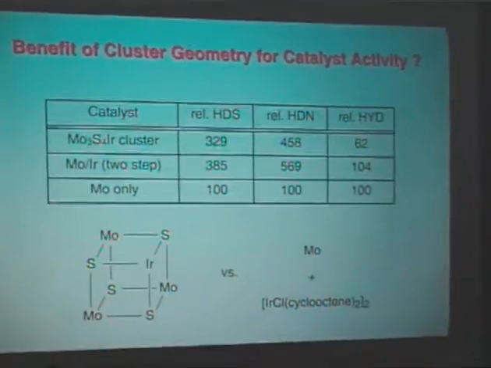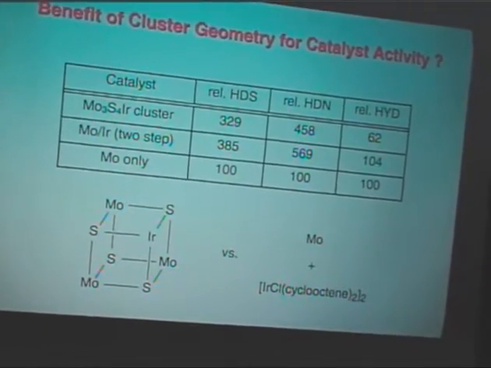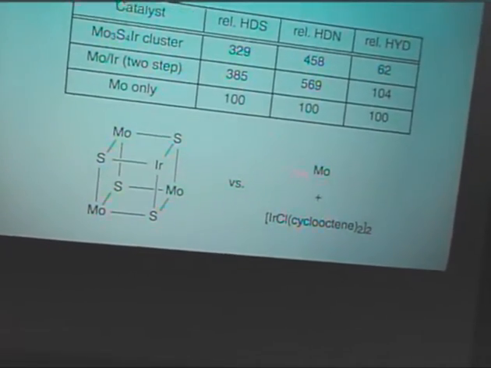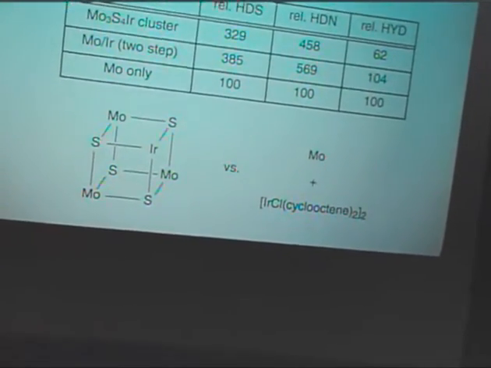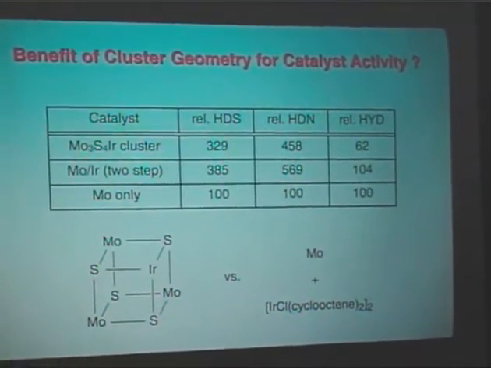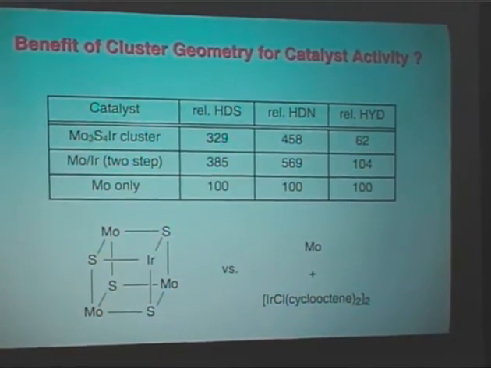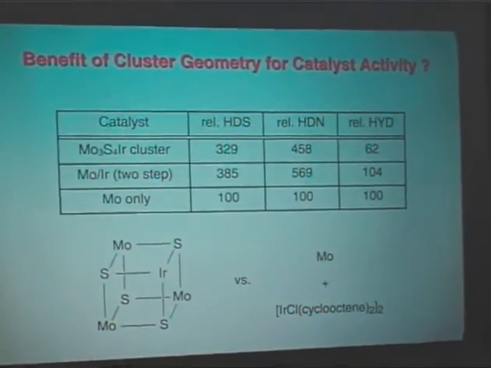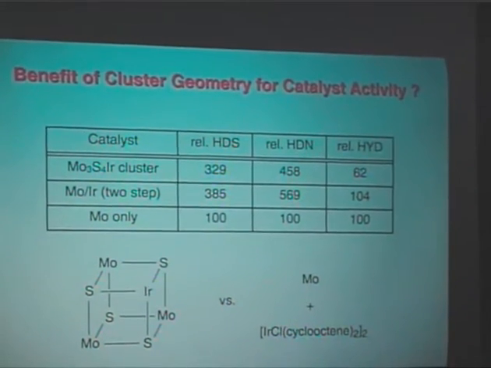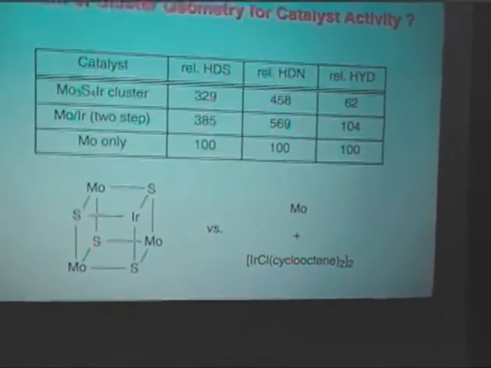The first question which we tried to answer was, does the geometry of the molybdenum-iridium cluster give any benefit for the activity in comparison to a conventionally prepared two-step impregnated catalyst? So we impregnated a molybdenum catalyst with a solution of this iridium compound, this cyclooctene chloroiridium dimer, and made a hydrotreating experiment in the same way as we did for the cluster, and we observed even a higher activity for this two-step impregnated catalyst.